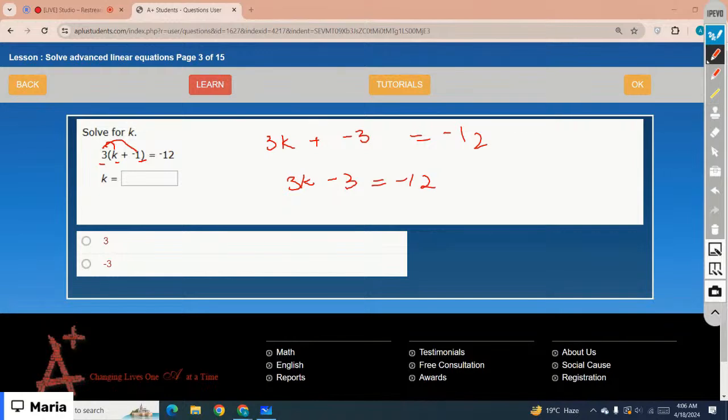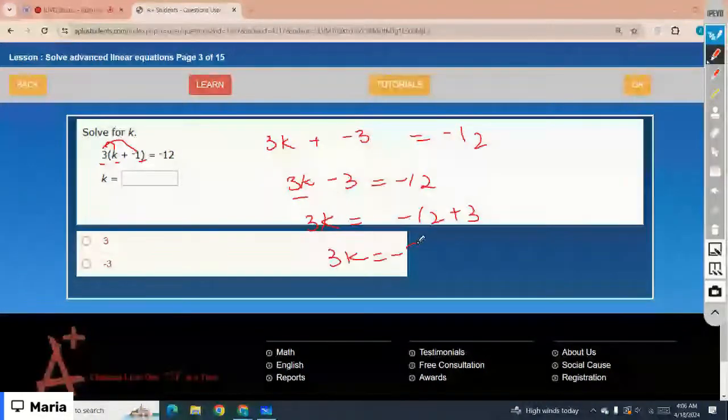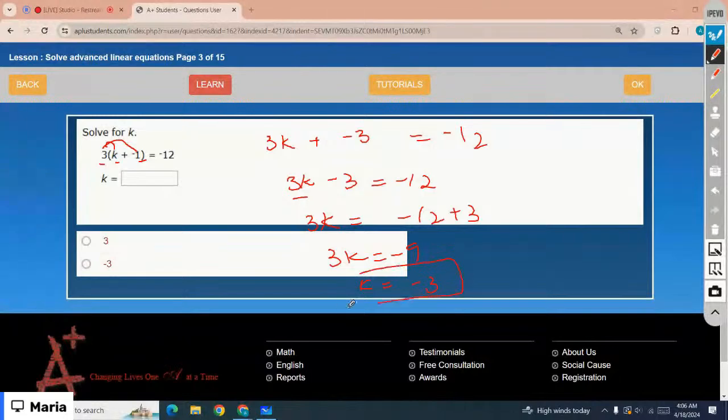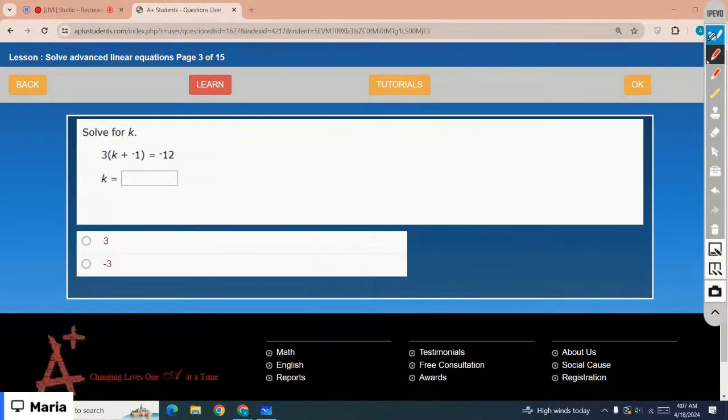You need to calculate the value of k. So isolate the variable k, move negative 3 to the other side, so that would be negative 12 plus 3. So 3k equals negative 9 and k equals negative 3, right? So the correct option is k equals negative 3, right? Option number 2 is the correct option, k equals negative 3. Got it?